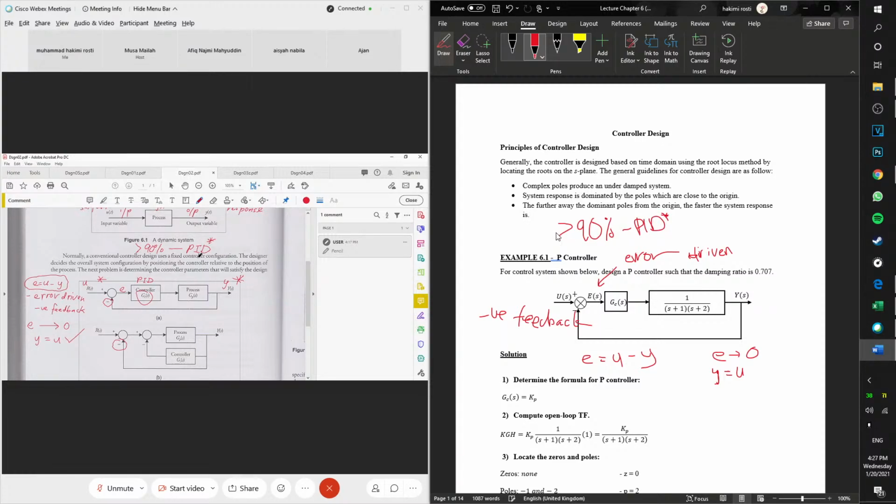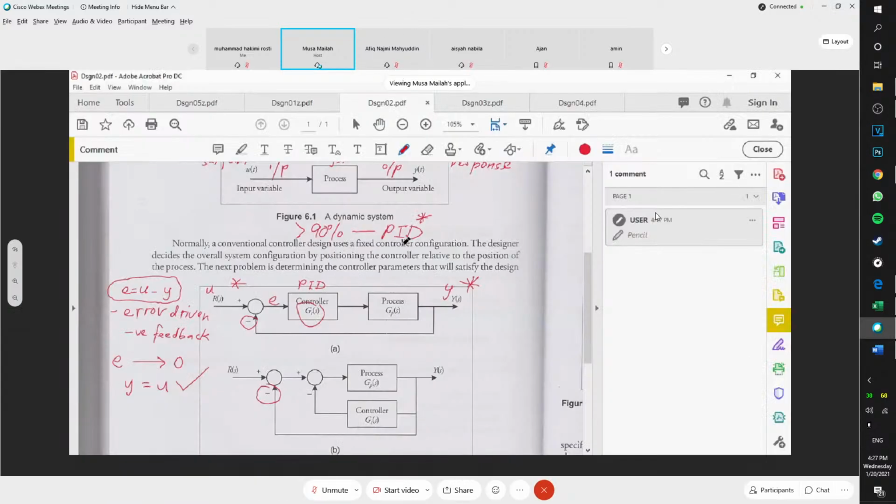Later on, we shall see the equation involved. I think, in fact, you have learned this in your controller action, right? In chapter 2, time response. You are exposed to the GC, the controller action: proportional, integral, derivative. I'm sure of it, right? You are being taught the algorithm involved.